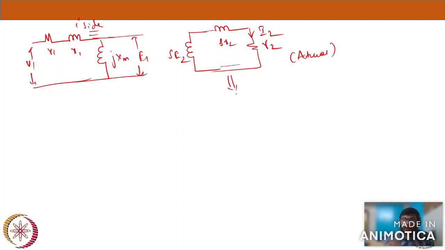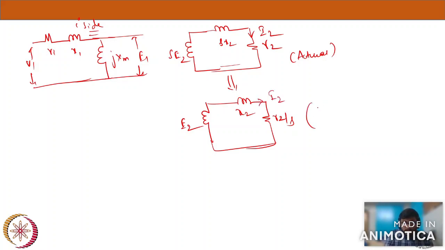Now what people did is change the equivalent circuit of the actual motor and interchange the parameters of this equivalent circuit, making it into E2, X2 and R2 by S. Here I2 will flow, and this is the condition.